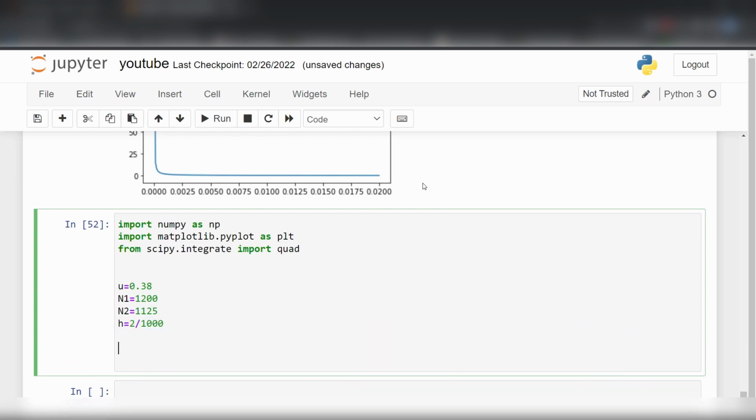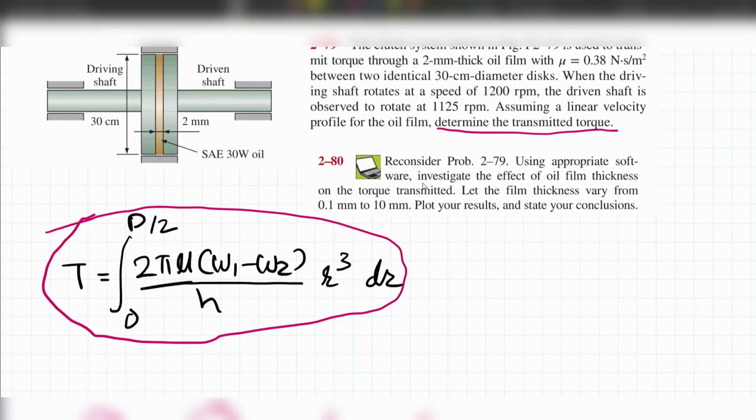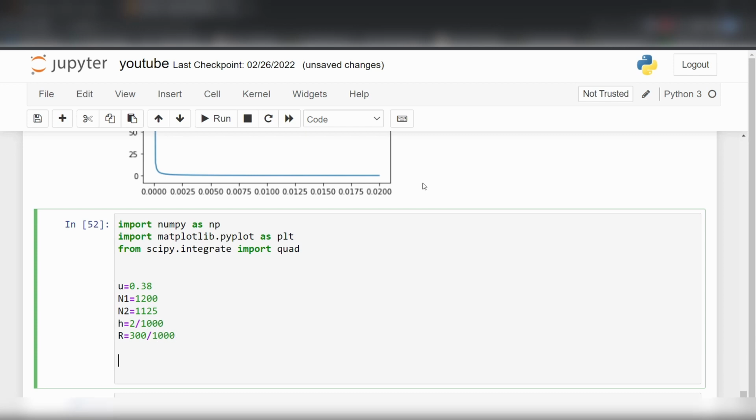And our r is from the 300 millimeter diameter, so the whole unit is in meters.